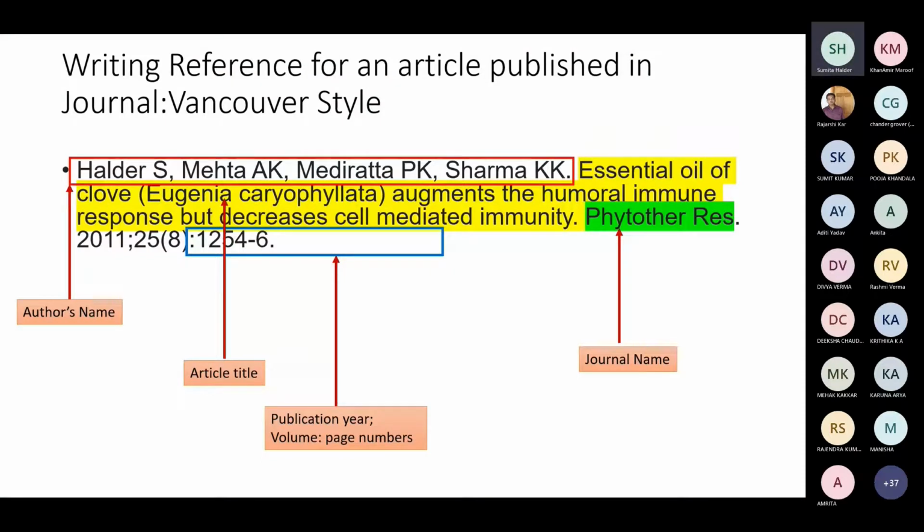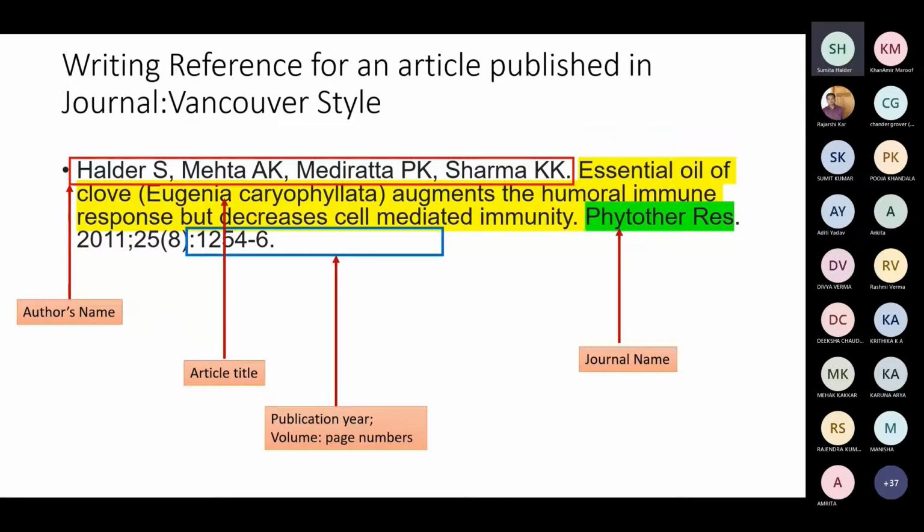So now I'm showing you an example of a reference. See, here the names of the authors. This reference is as per Vancouver style. Now, before I explain Vancouver style in detail, you see this reference has certain parts.